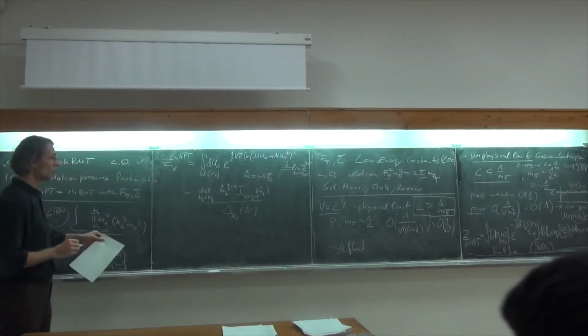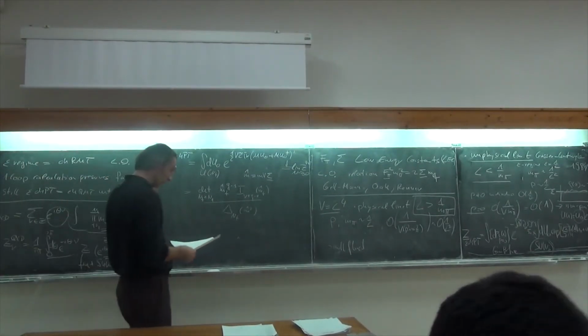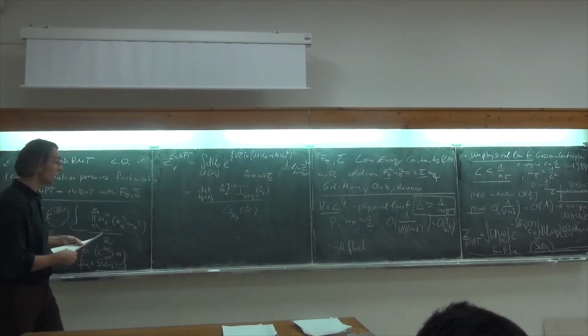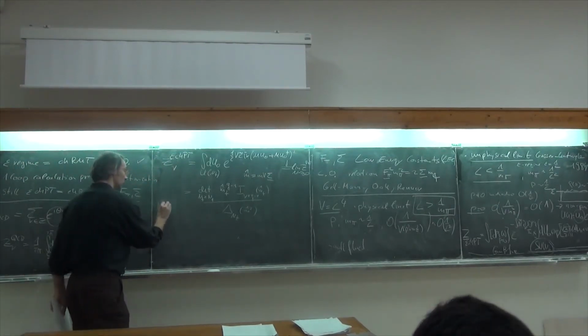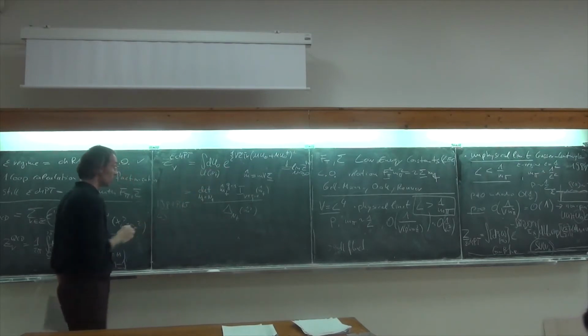This is the answer. And to see that, either you go back to the first paper where this was done, by Brower, Rossi, and Tan in 1981. Then this was again calculated by Leutwyler and Smilga, so the same Leutwyler.